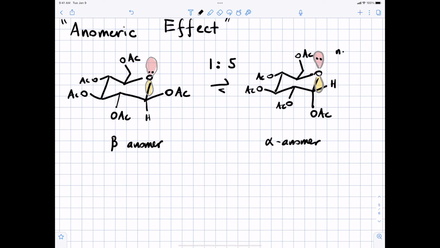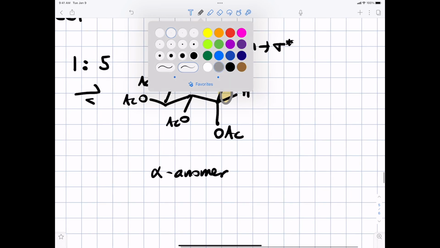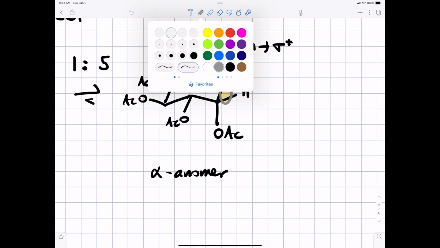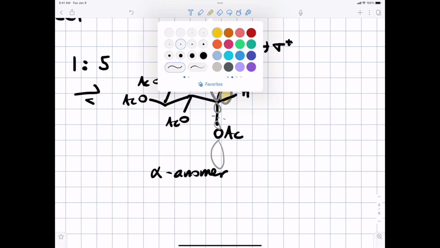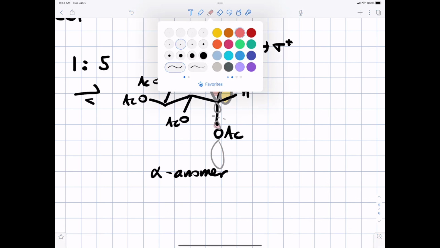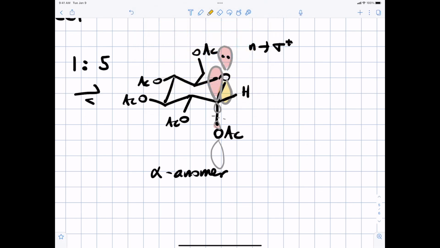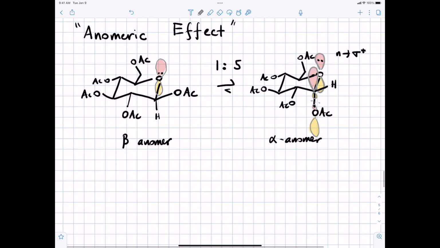We can call that n to sigma star hyperconjugation. I will just draw those two. I'll draw the sigma star in so you can see it. When the acetyl group is axial, you have perfect overlap of the sigma star from the acetyl group with the lone pair on the oxygen in the back.